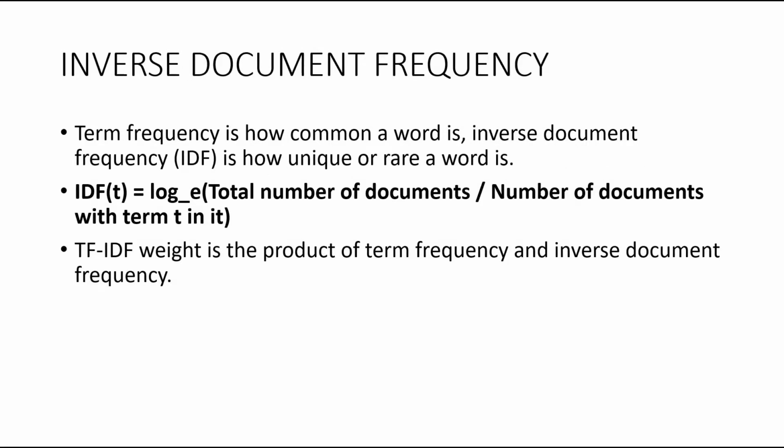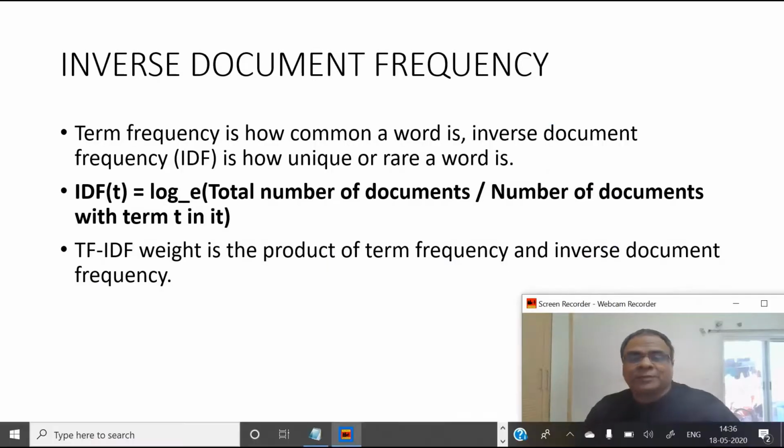Another important point, which you really need to understand here, is the inverse document frequency. What is inverse document frequency? We already discussed that term frequency is how common a word appears in a document.